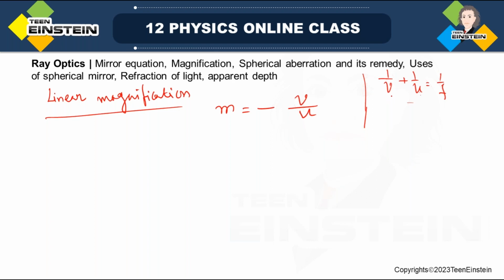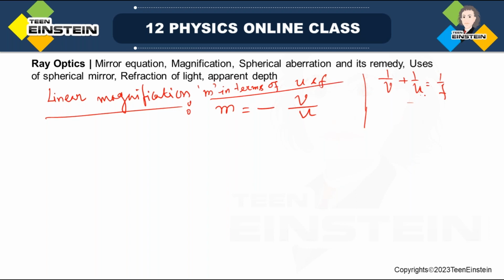But even without doing that, we can find out the magnification. Okay, I'm trying to say that we are planning to express m in terms of u and f. This is what we are going to do now.